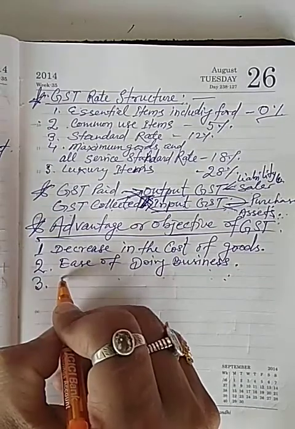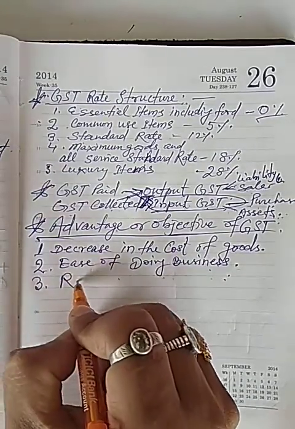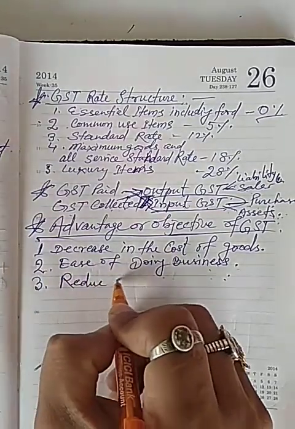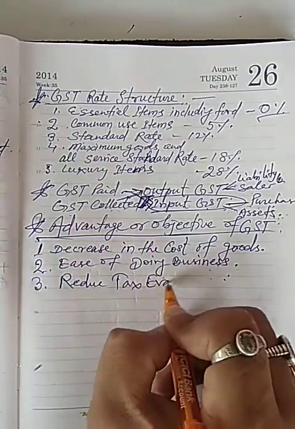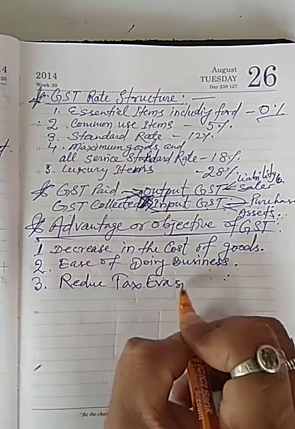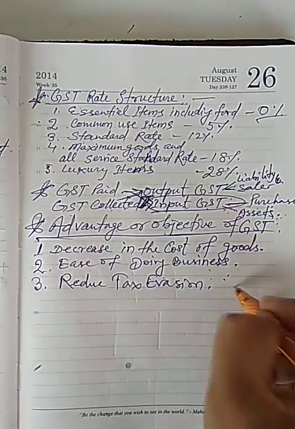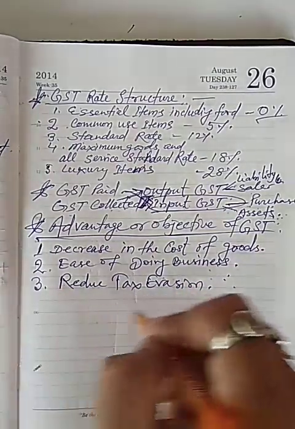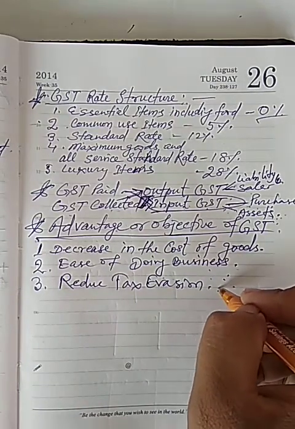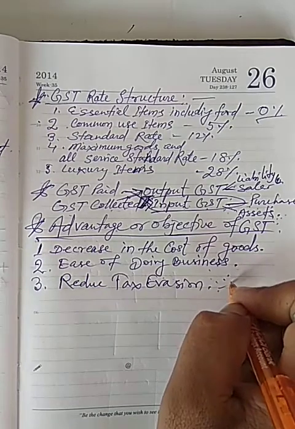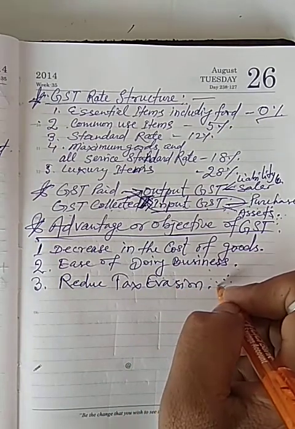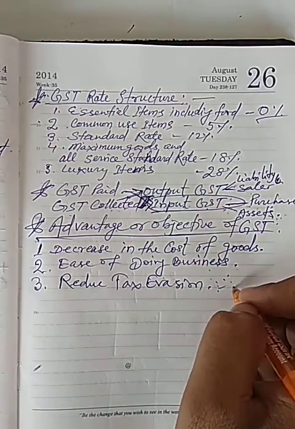Third objective may be reduced tax evasion, meaning electronic return filing and assessment will reduce tax evasion and compliance cost.